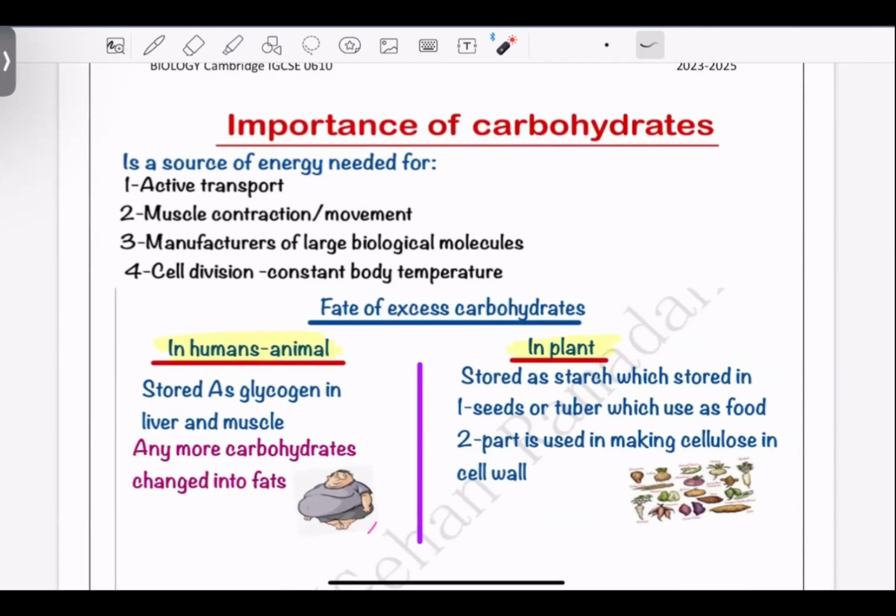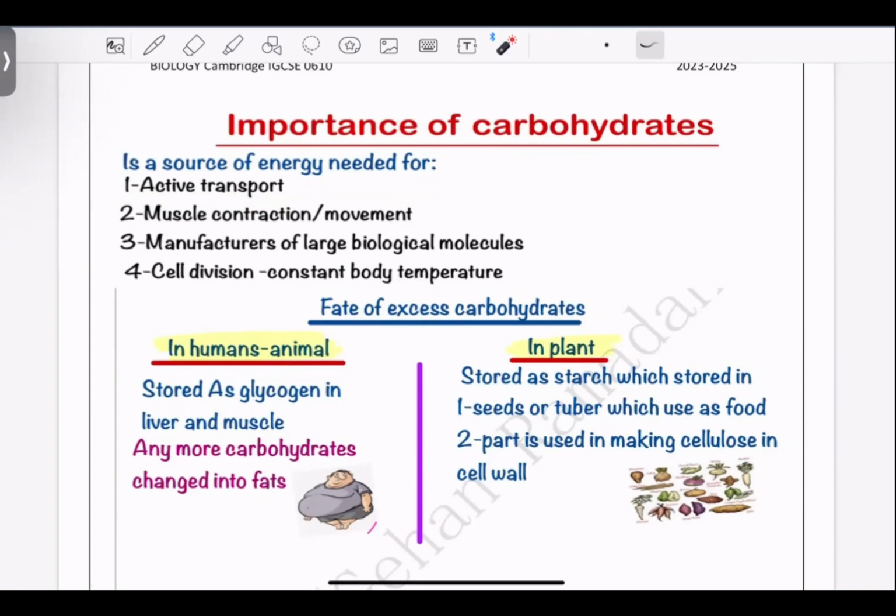Metabolism? Yes, excellent. For the metabolism or metabolic reactions, and also the energy needed for active transport, because it is the only movement of molecules that needs energy, which is the movement of ions or molecules from one place to another through the cell membrane using protein carriers.